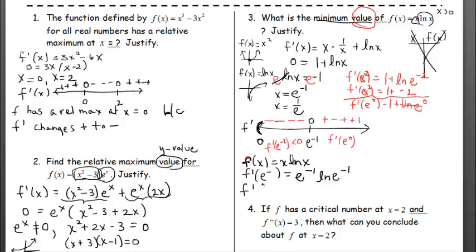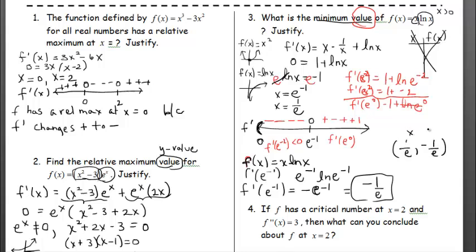So f of e to the negative 1 is equal to negative e to the negative 1. Another way to write that is negative 1 over e. So that's what they wanted, the y value. If you wanted to give the full point, it would be 1 over e, comma, negative 1 over e. This being the x, this being the y coordinate of the minimum.